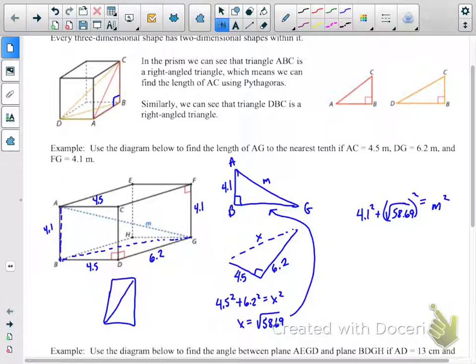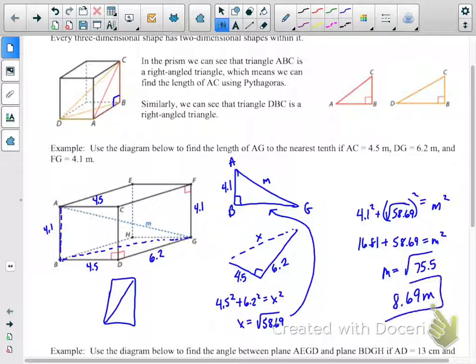So that's going to be 16.81. When I square this, I get 58.69 is m squared. So I end up with m is the square root of 75.5. Now go ahead and put that in: 8.69 meters.